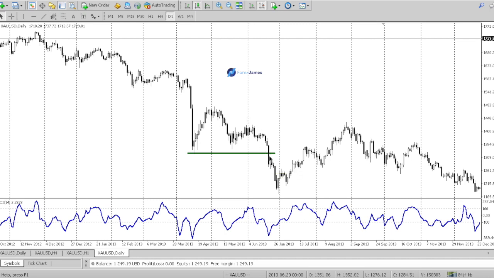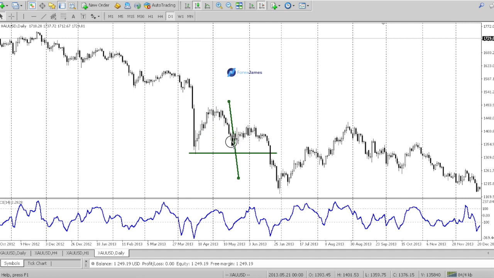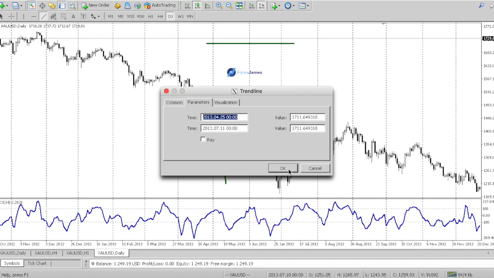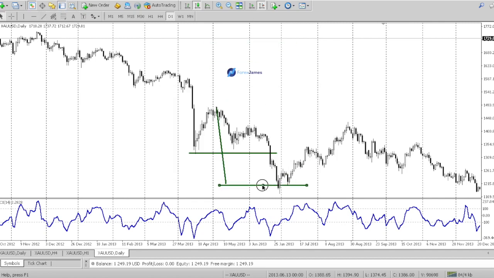But in this case, at the same time, it made that new low. Measure this again. This is the projected low, in which case it surpassed a little bit.